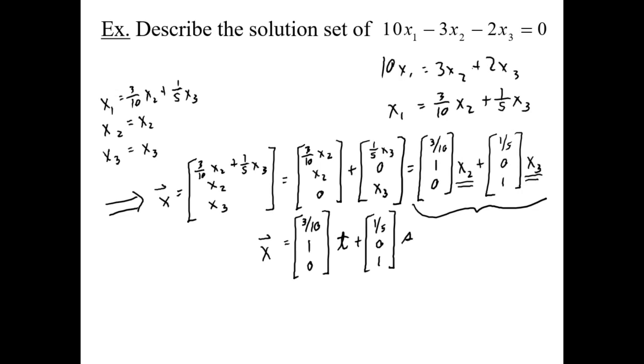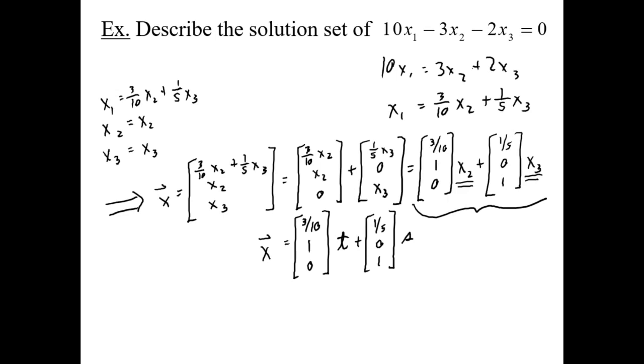I'll call that s. By the way, if you use the letter s, please make it a cursive s because otherwise it looks like the number 5. Also, if you use t, try to make that cursive because otherwise it looks like a plus sign. So the point is my solution has two free variables, which means there are two parameters, and my solution was the linear combination of two vectors.